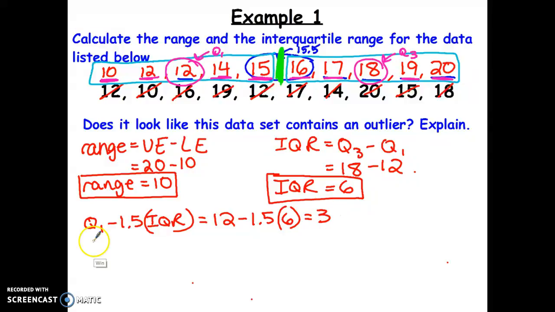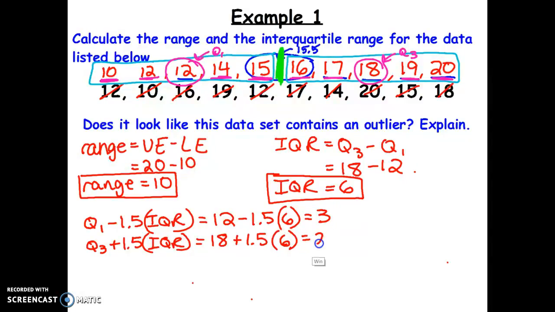And let's do the same thing with the other. So we know that we also have Q3 plus 1.5 times the IQR. Our Q3 is 18 plus 1.5 times 6, and that is going to equal 27. So basically, in order to have an outlier, our number would have to be smaller than 3 or greater than 27.